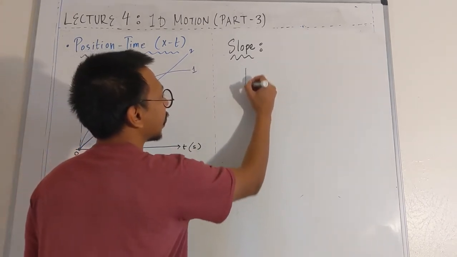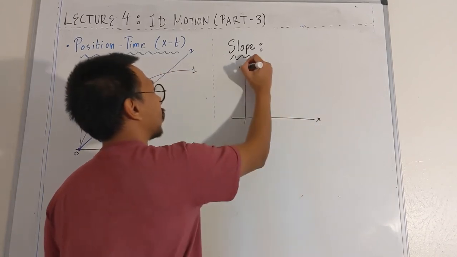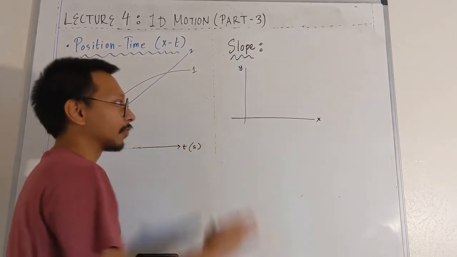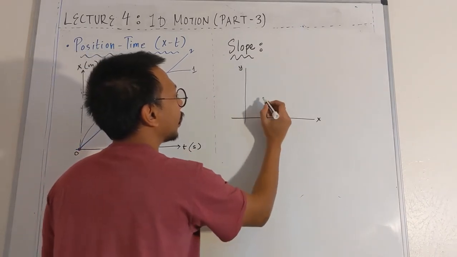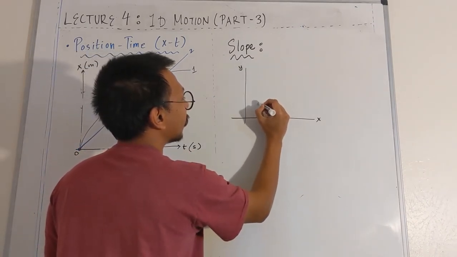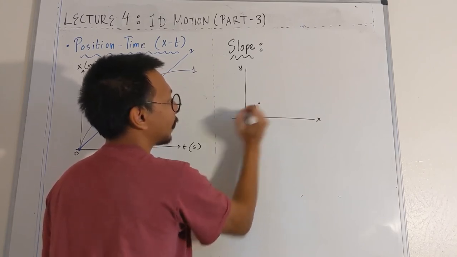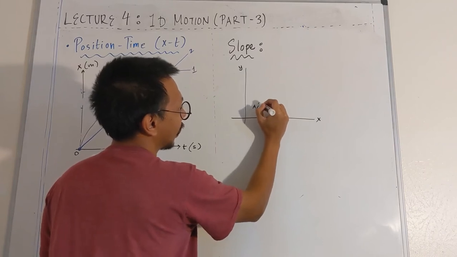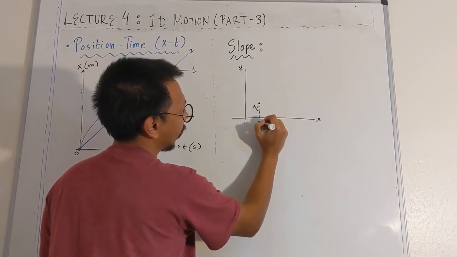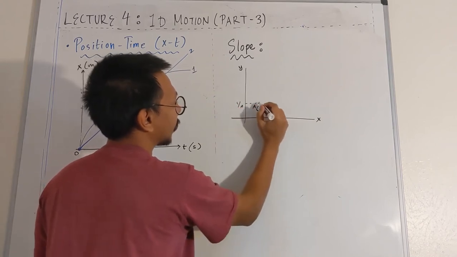For example, let's say we have a coordinate system, x-axis, y-axis, and this x is not position for this current example, and you have 2 points that you move on. Say you move from point A, that is here, and point A has x coordinate xa and y coordinate ya.